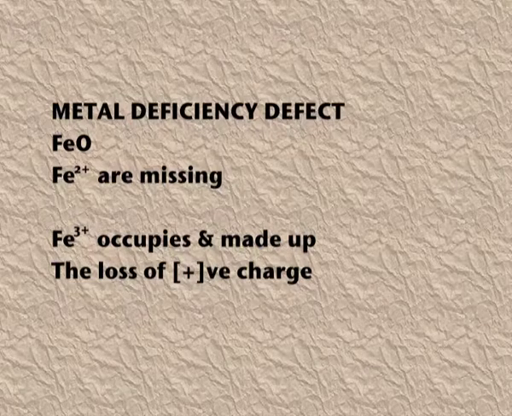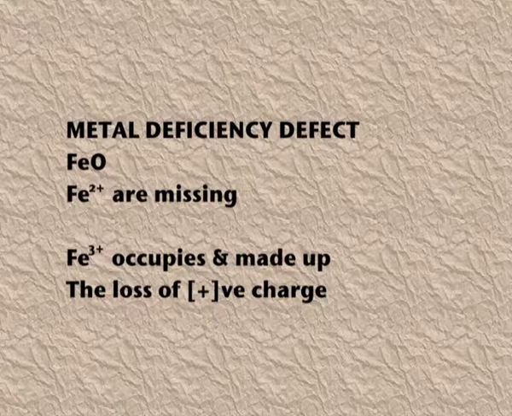Now the charge is maintained, the electrical neutrality is maintained, but the cation is missing. For example, if 3 Fe2+ are missing, then 2 Fe3+ ions will maintain the positive charge, but there are 2 Fe cations instead of 3 Fe cations. So, there is the deficiency of the metal cation. This is again a type of defect, a non-stoichiometric defect.